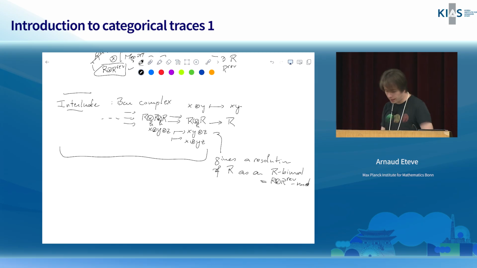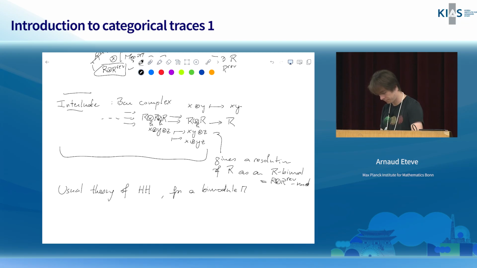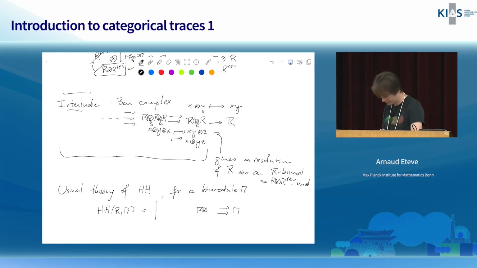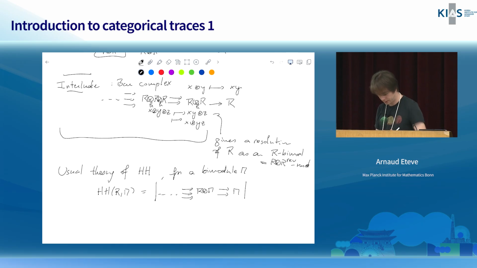All right, so in general, the usual theory of Hochschild homology basically tells you that for a bimodule M, HH of M is given by the geometric realization of a certain simplicial object, which is R tensor M. And these are two maps that send X tensor M to XM, and the other one sends MX.